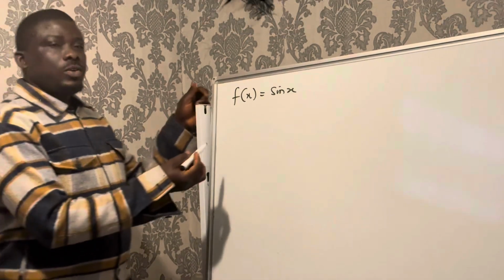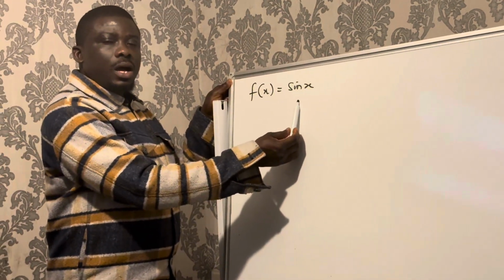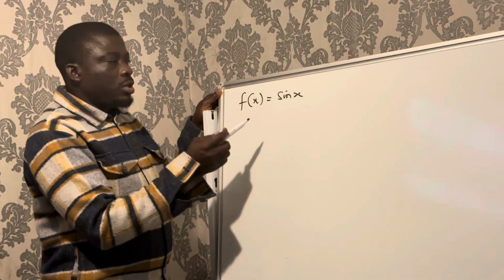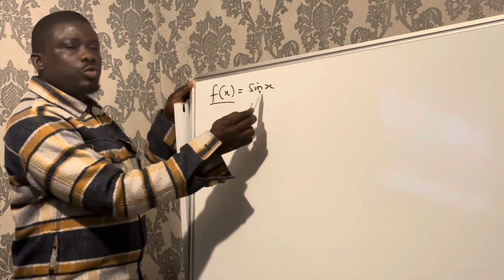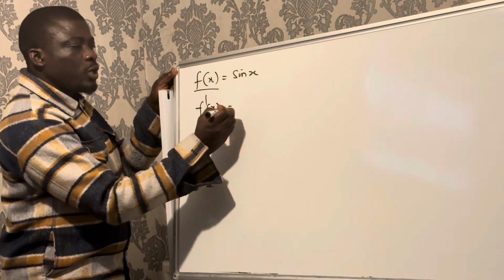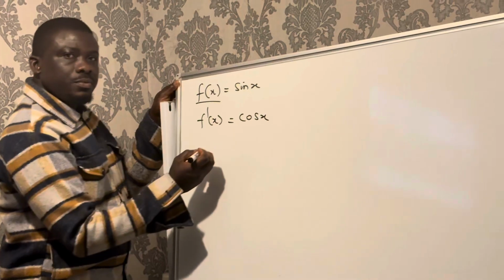Now, this is another example on using Maclaurin series to find a series solution to a function. How do we go about this? We are given the function to be equal to sine x. So let's do our first derivative. When you differentiate sine x, we have cos x.